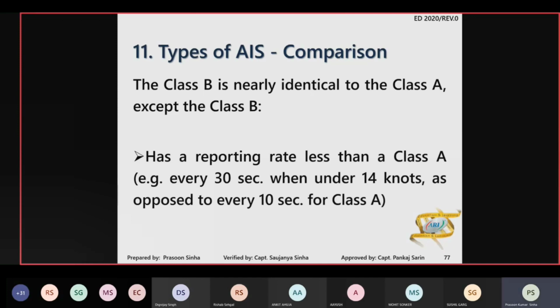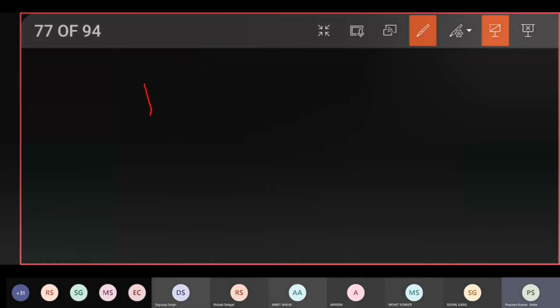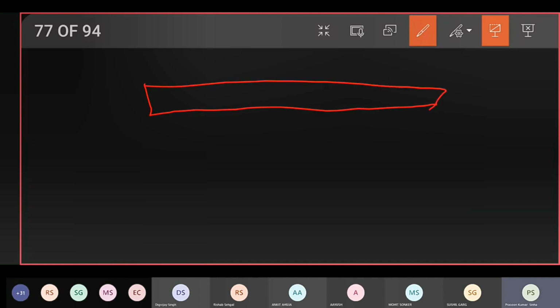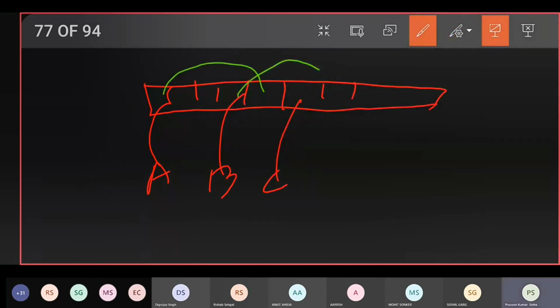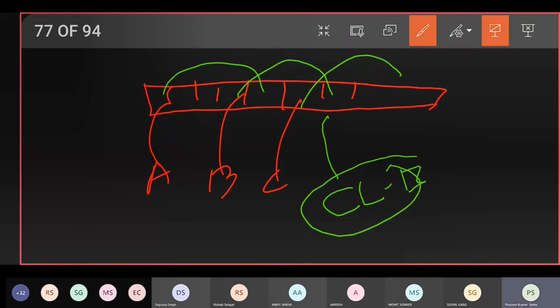That means the time slot that we had seen, 2250, in this ship A, B, C were reserving their slots for transmission. They made reservations ahead. But class B is not reserving the slot but using one of the slots here itself.